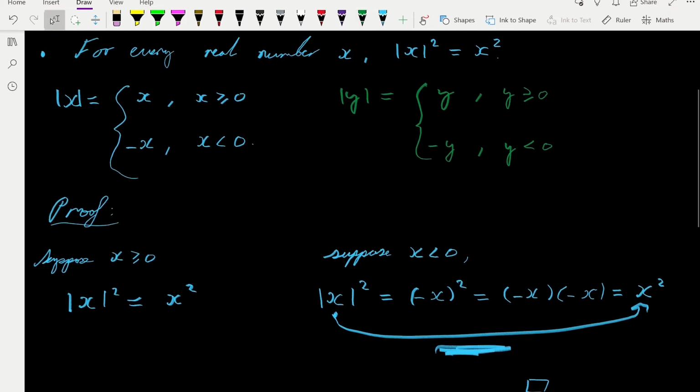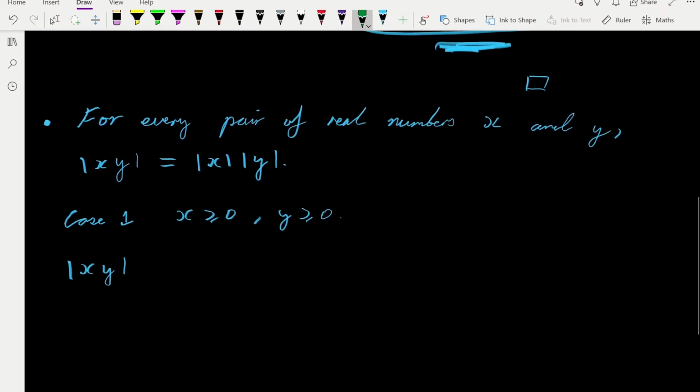So really what we're doing is we are applying this case to both x and y. So this would be the same thing as just x times y, okay?